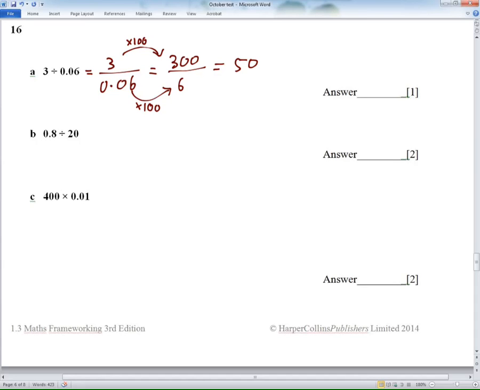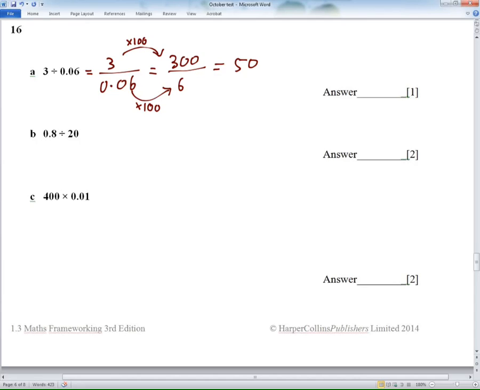The reason I don't need to change the answer from 50 to be 0.5 is because this fraction, 300 over 6, is an equivalent fraction, which means it's exactly the same as the first question. It's equivalent, equal to. Notice the equal signs are used correctly. So I can say that everything is equal to everything else, which means the answer must be 50. That's why we use equal signs.